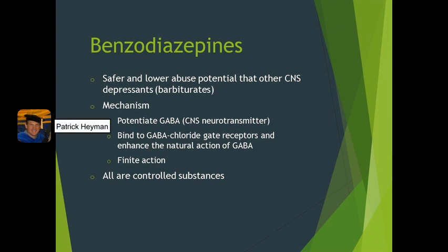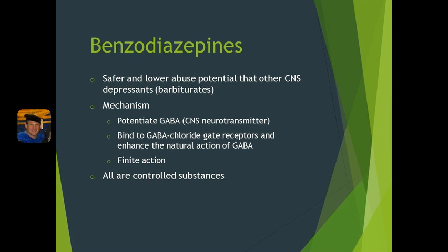Okay, benzodiazepines, or benzos for short, are safer and have lower abuse potential than other central nervous system depressants such as barbiturates, which we talked about a little bit earlier. Barbiturates were invented before benzodiazepines, so benzodiazepines were a marked improvement over barbiturates. Now, the way that they work is they potentiate the neurotransmitter GABA.